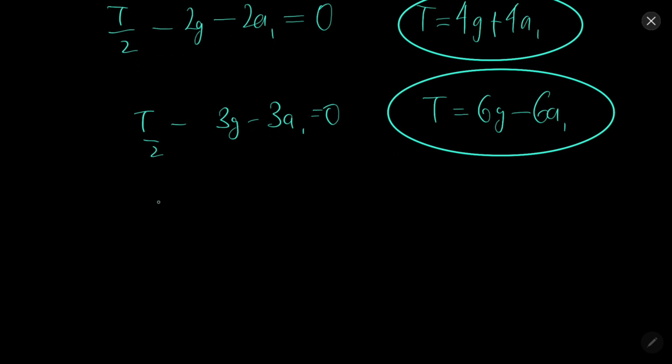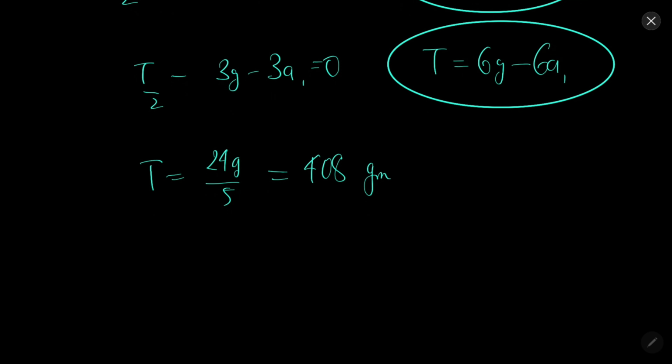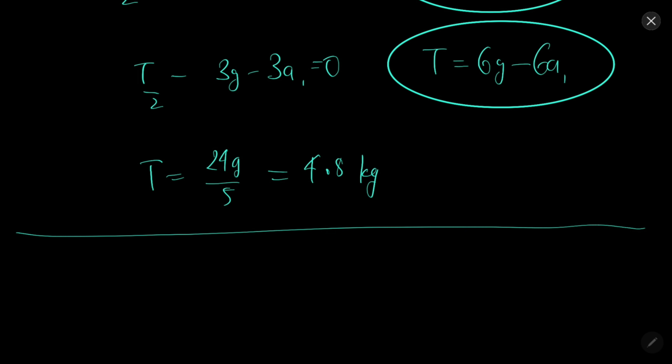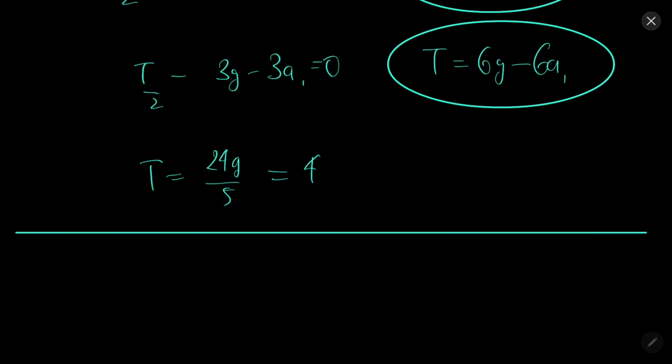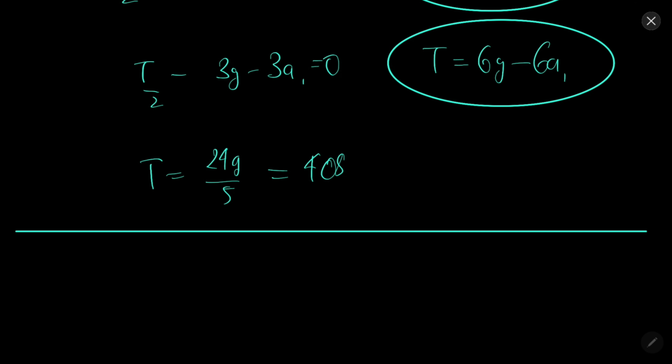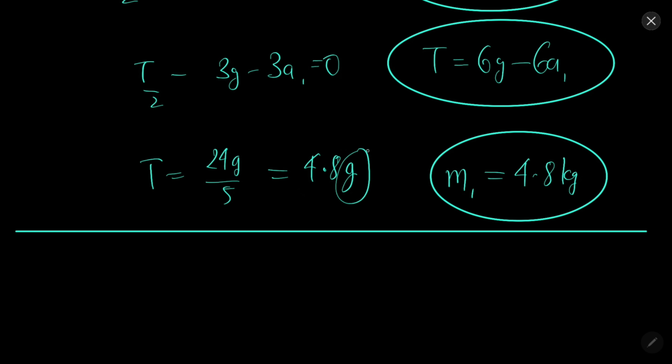Using these three equations you can find that tension will be 24g over 5. It will come out to be 4.8 kg, and by this m1 will come out to be 4.8 kilogram, because this is m and this is acceleration.